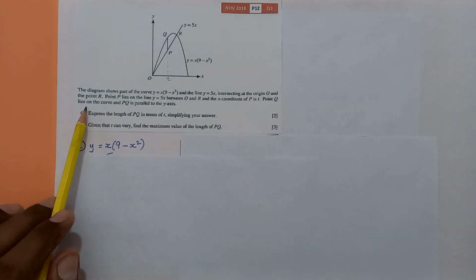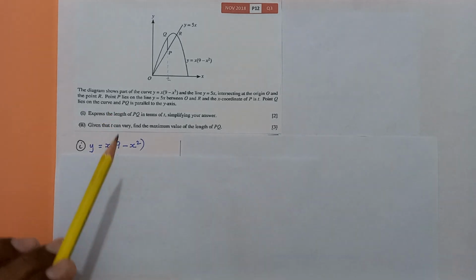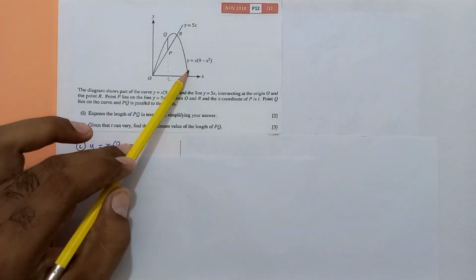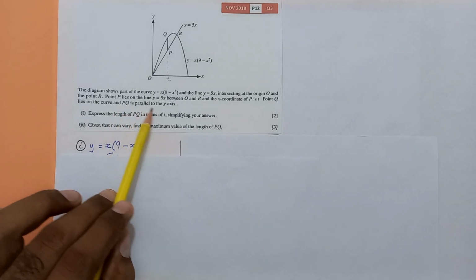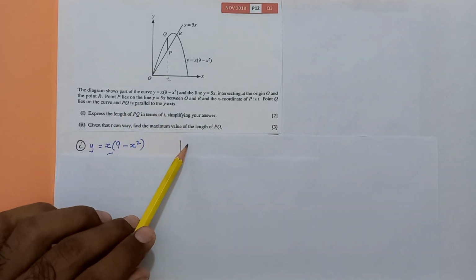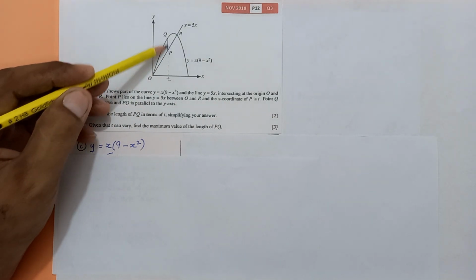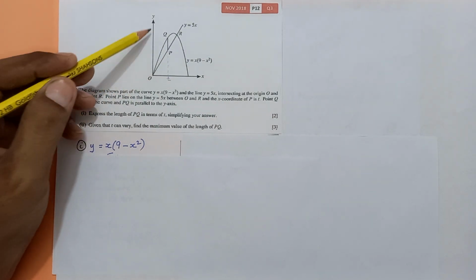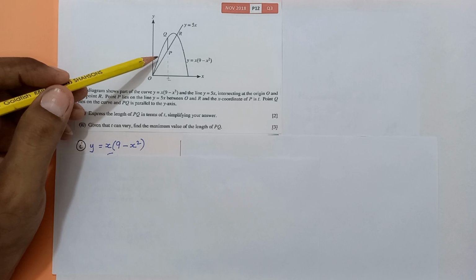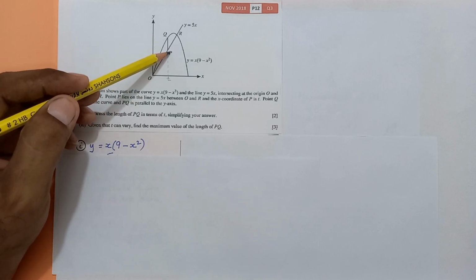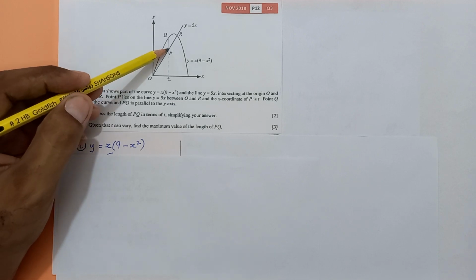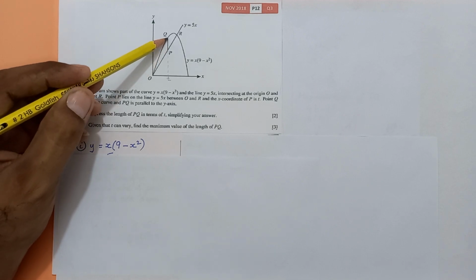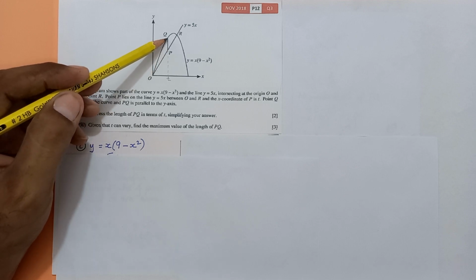Point Q lies on the curve and PQ is parallel to the y-axis. That means if they are parallel, the x coordinates of P and Q are both the same, because PQ is a vertical line, and on a vertical line the x coordinates are the same at any point.